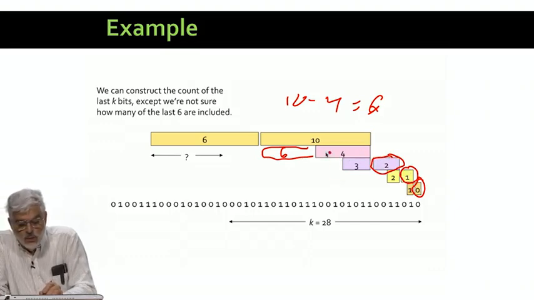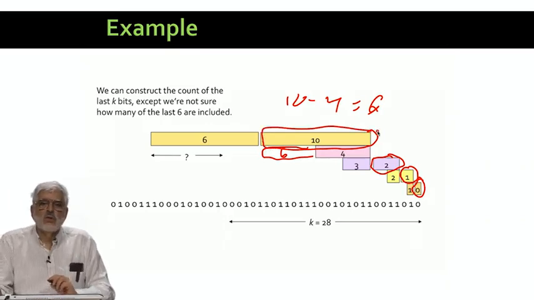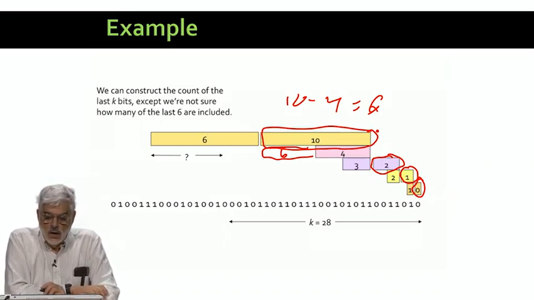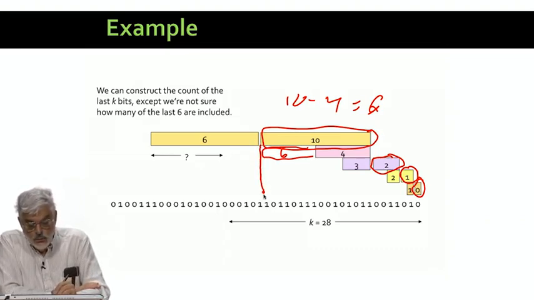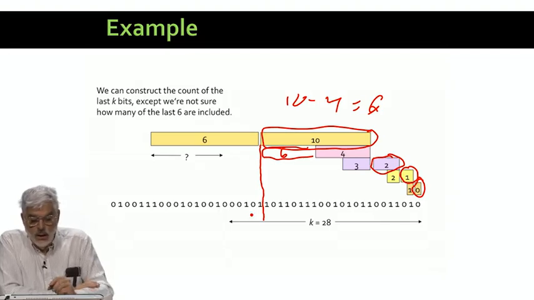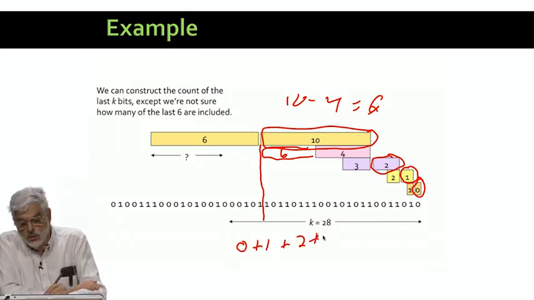We don't want this block of length 8 because we have this block of length 16, and that's still all within the last 28. So far, we have covered 23 bits, and we know that among them the number of 1s is 0 plus 1 plus 2 plus 10, which is 13.